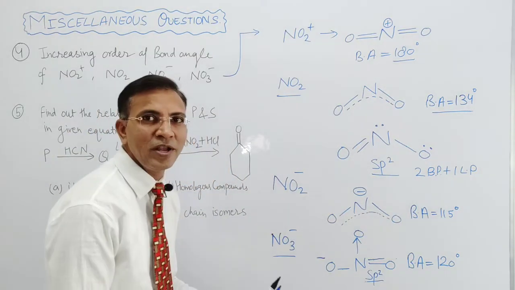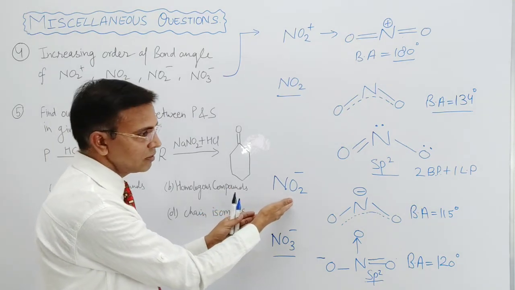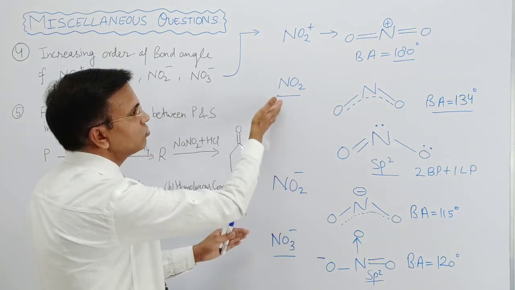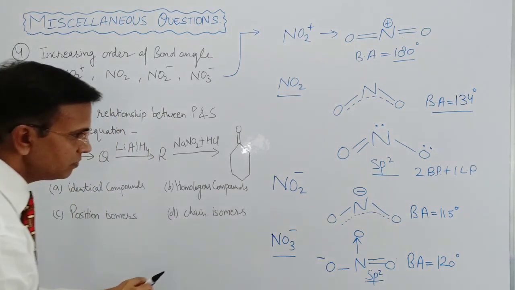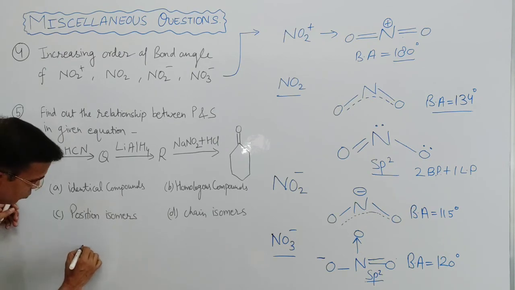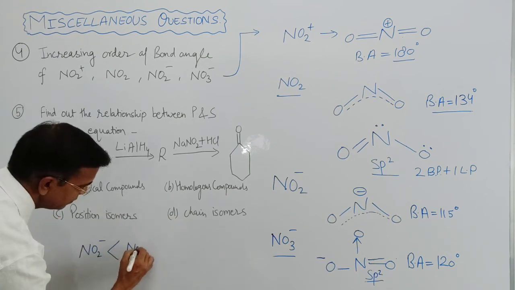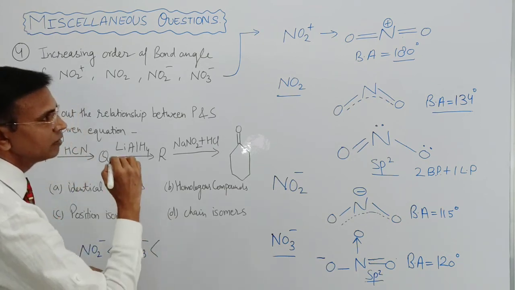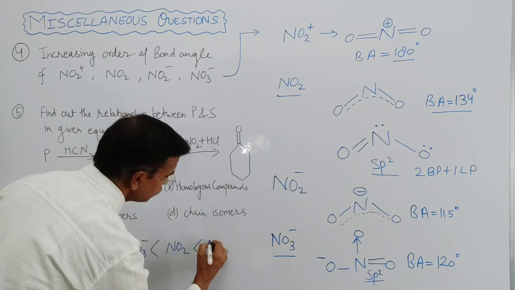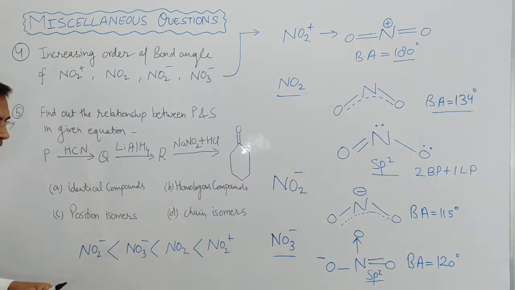So the increasing order of bond angle in the given species is: the least is NO2 negative, then NO3 negative, then NO2, and then NO2 positive. So this is the increasing order of bond angle between the given species.